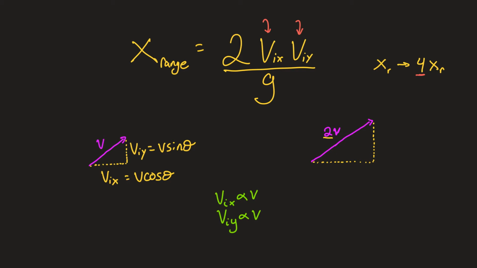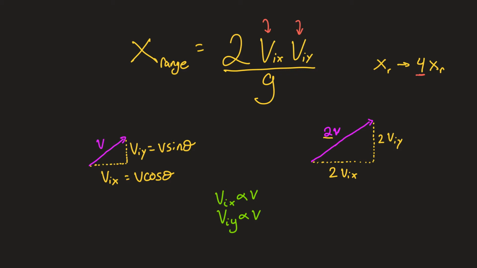So therefore, if we double the launch speed, we're going to double both the horizontal and the vertical initial velocities. So what that means, of course, is we're going to end up getting over here 2 VIX and 2 VIY. It's a pretty cool mathematical result that comes out of just the right triangle trigonometry.